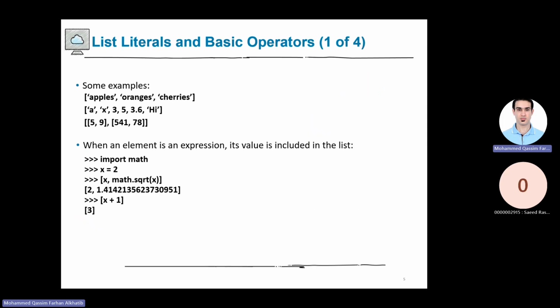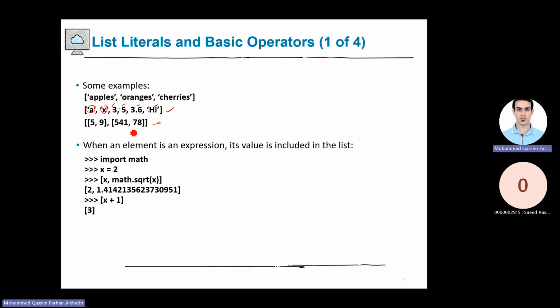All right, so here is an example for lists. For example, this is a list of fruits, apples, oranges, cherries, a list of different elements. So we have the character A, character X, the number 3, the number 5, 3.6, hi. This is also a valid list. The length will be 1, 2, 3, 4, 5, and 6 elements. Notice here that's a list of 2 lists.